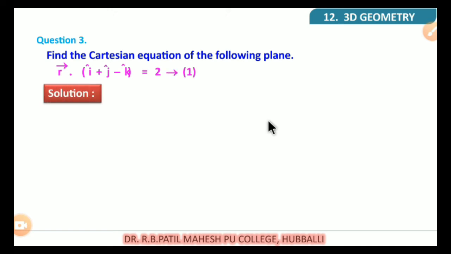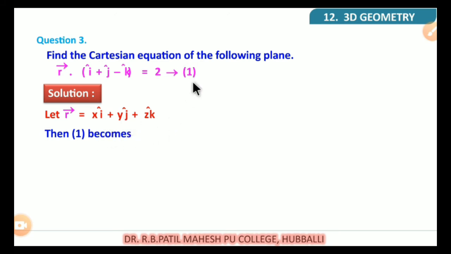Now for the solution, here let r vector be equal to xi plus yj plus zk, because this is the position vector of the point P. So that point has the coordinates x, y, z. Therefore that r vector can be expressed as xi plus yj plus zk.